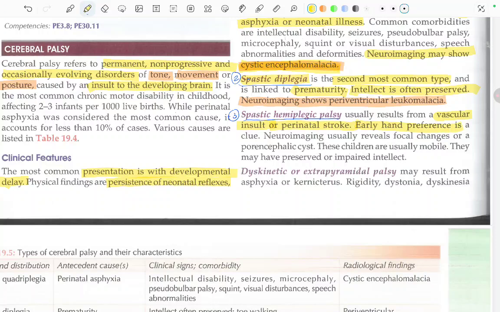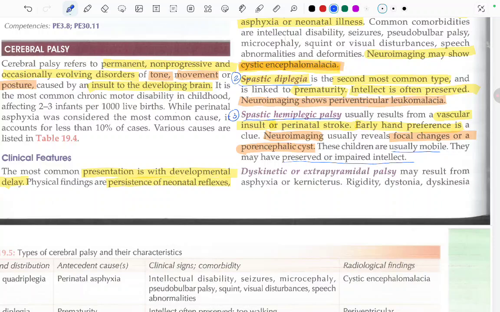Early hand preference is the clue. Neuroimaging usually reveals focal changes or a porencephalic cyst. These children are usually mobile. These hemiplegic palsy children are usually mobile. They may have preserved or impaired intellect.